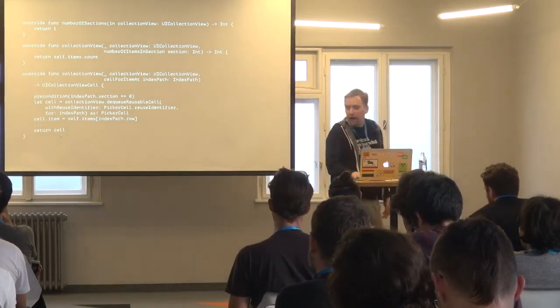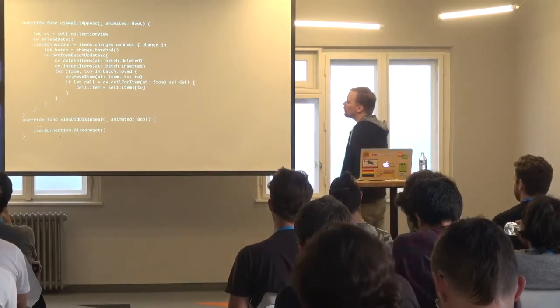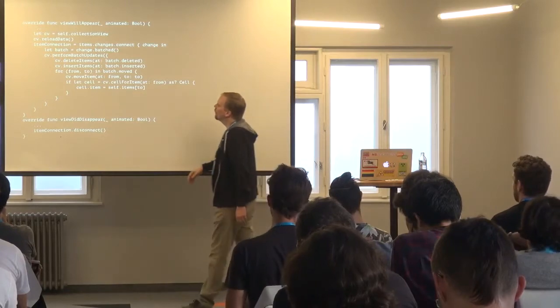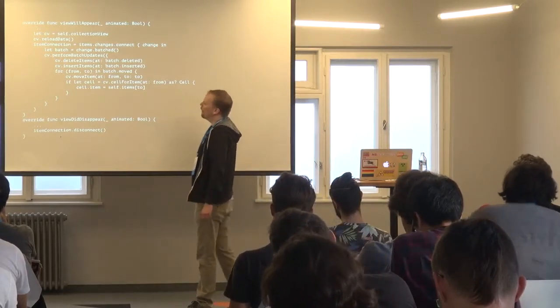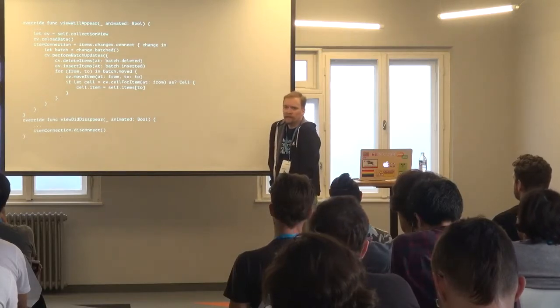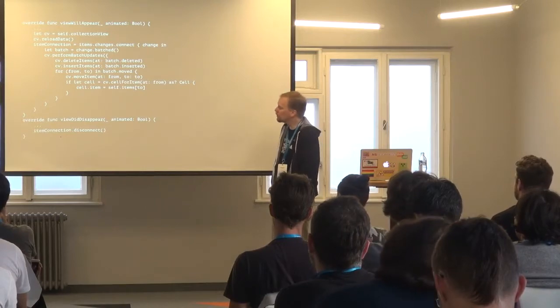Very simple. How do we use the push API to animate changes? Well, this is also simple. It's kind of boring code, but first of all, you really only want to do this while the view controller is actually on screen. If it isn't, there's no point of tracking changes at all.